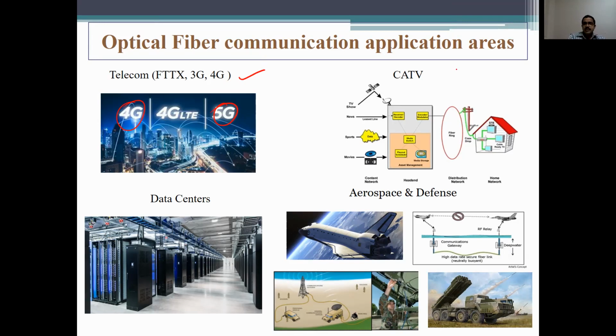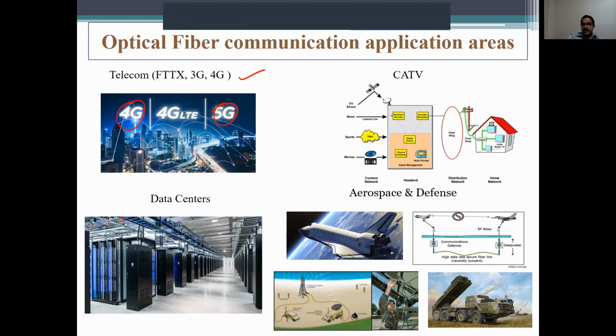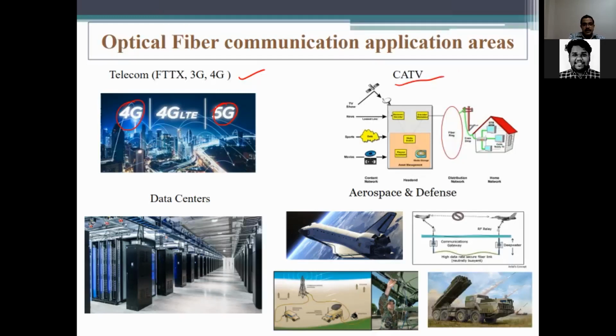Cable TV is another main area where we use optical fiber. Previously, we were using RF cables or normal metallic conductors to send the information. Channels like Asianet and Surya were transmitted to our homes through normal RF cables. What was the issue there? If there is lightning or thunder, we may not be able to watch the particular TV channels because we will be facing some issues on the TV, right? But nowadays, all these TV channels are transmitted through optical fiber.